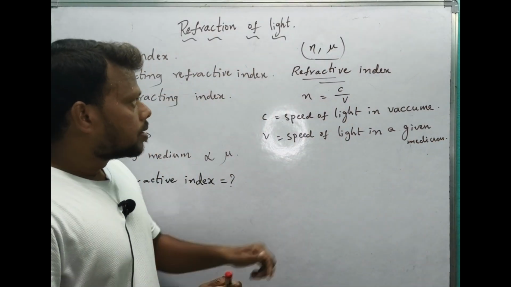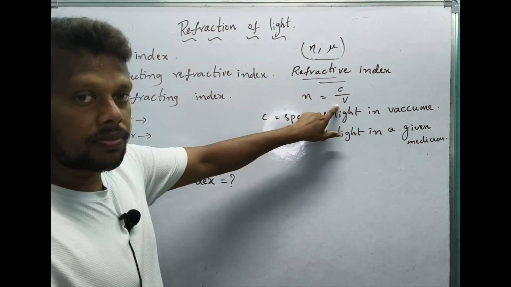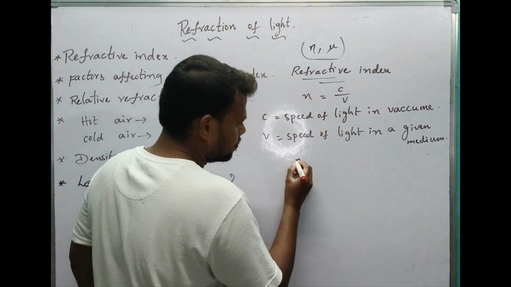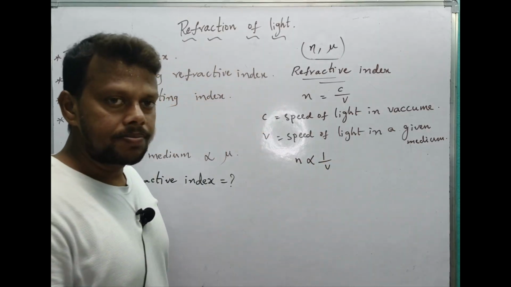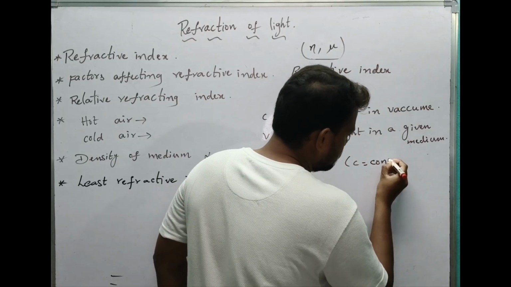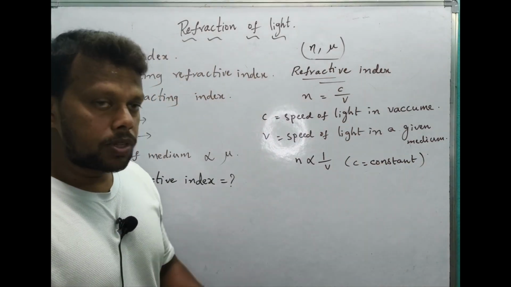So the refractive index is the ratio of the speed of light in vacuum to the speed of light in a given medium. The refractive index is inversely proportional to the speed of light when c is constant.